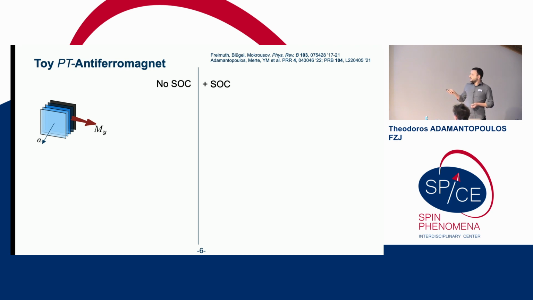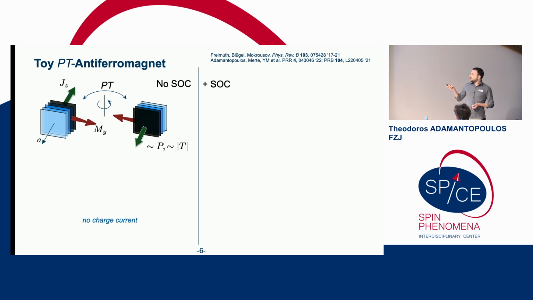Because of this breaking of the symmetry, we may expect one charge current which flows out of the plane. This is not a magnetic current because it occurs from the breaking of the inversion symmetry, and it is even in the time reversal symmetry. Applying the PT symmetry operation to this setup flips the magnetization and also flips the sign of this charge current so that it will overall vanish.